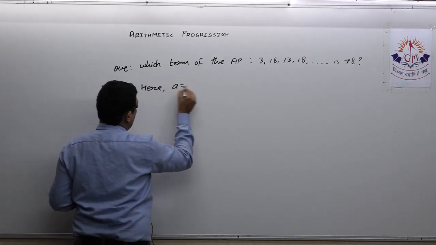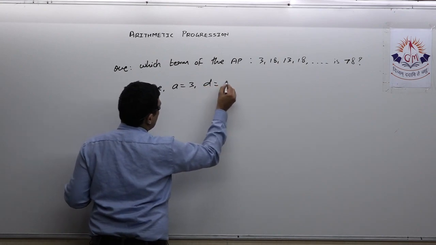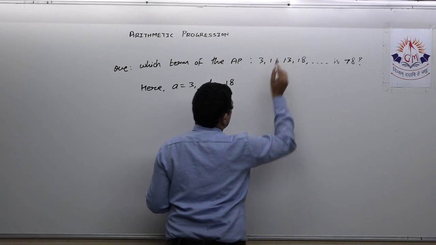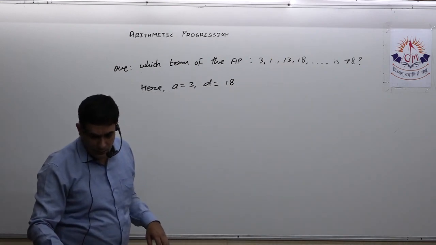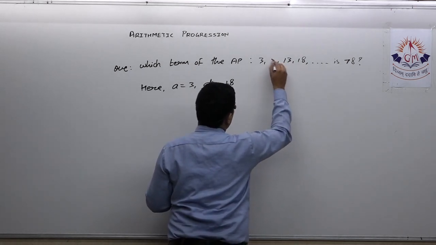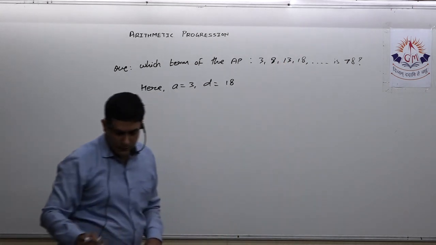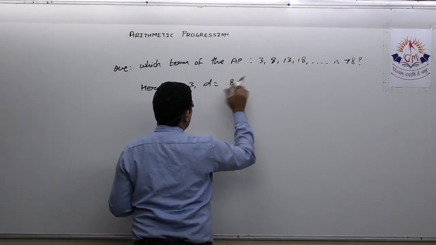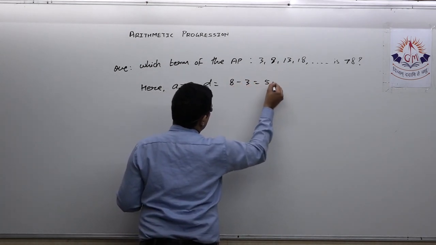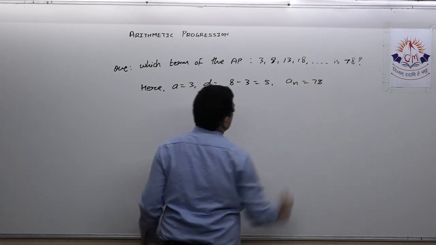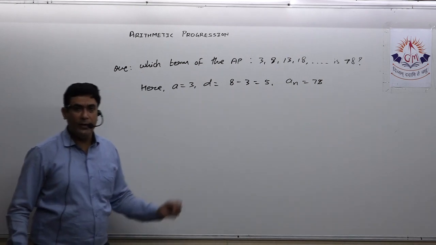Here A is equal to 3, the sequence is 3, 8, 13, 18. So D is equal to 8 minus 3, that is 5, and An is equal to 78. That is given. What we have to find? n, the position.